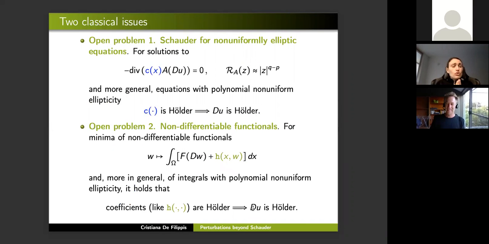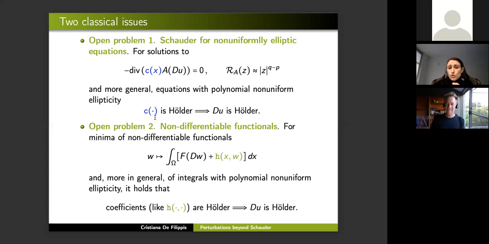Well, those two classical facts are, of course, true in the uniformly elliptic setting, but in the non-uniformly elliptic one, they give rise to two quite long-standing open problems. First one is providing Schauder estimates for solutions to non-uniformly elliptic equations where the nonlinear tensor A satisfies p,q non-uniform ellipticity conditions.